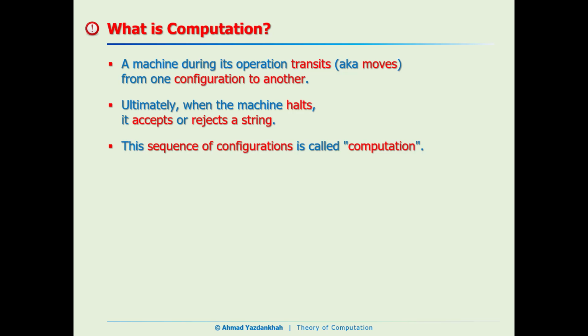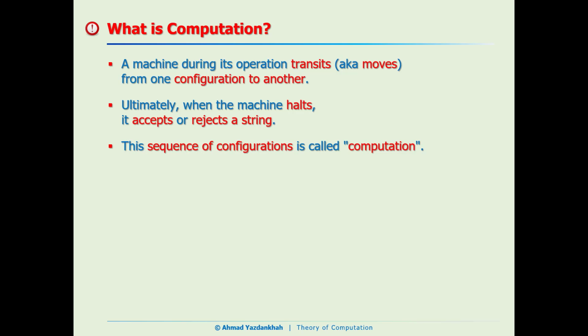Then when the machine starts running, the machine goes from one configuration to another configuration, then from that configuration to another configuration. This continues until the machine halts by accepting or rejecting the string.